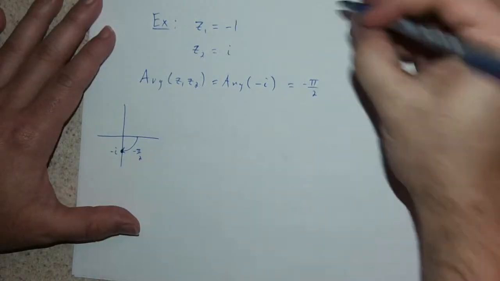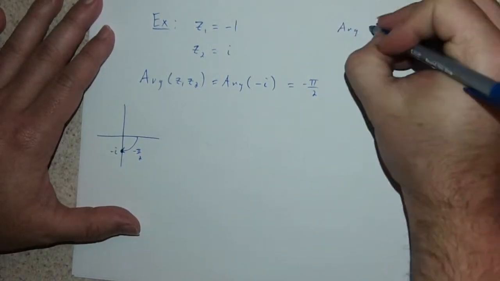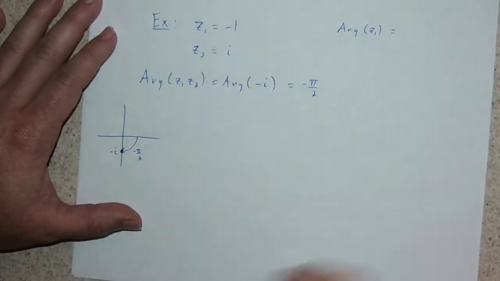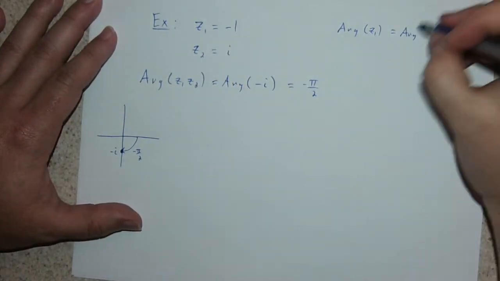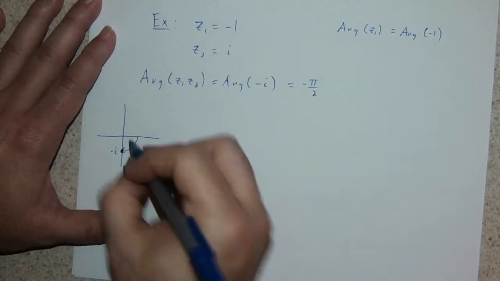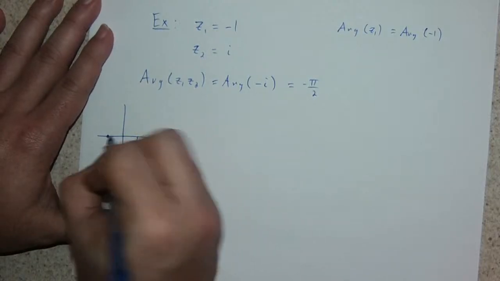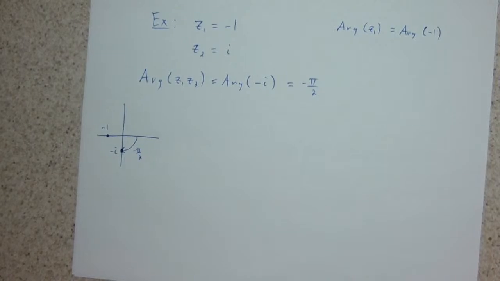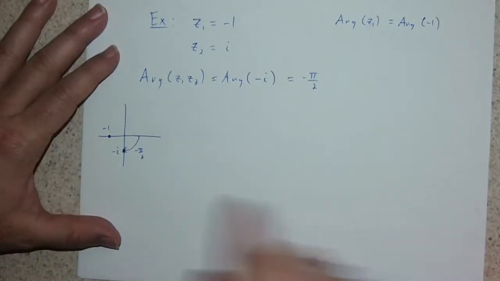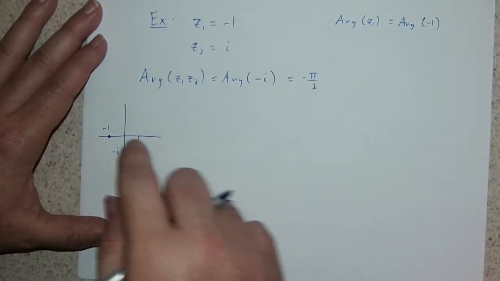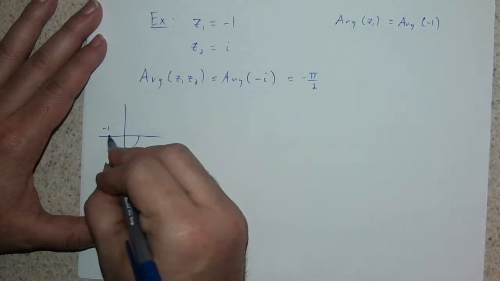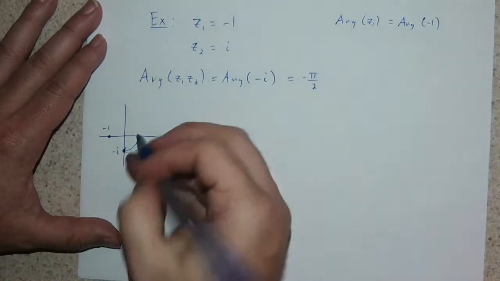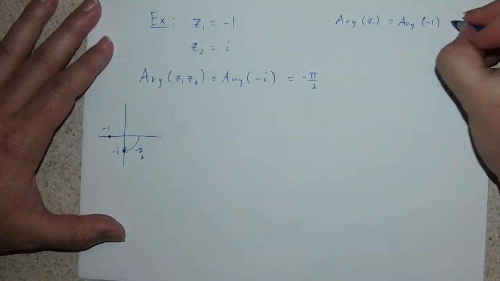All right, but what is the principal argument of z sub 1? That's the principal argument of minus 1. Well, minus 1 is here. Remember, for principal argument, if we're in a situation where we could pick pi or minus pi, we pick pi. That's how this is defined. Otherwise, it would be ambiguous at those points. So this is pi.